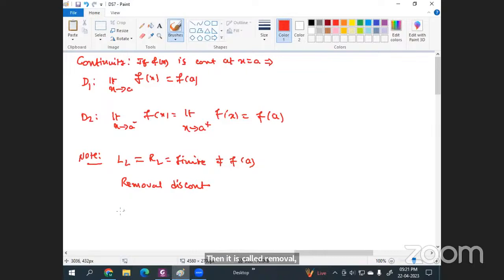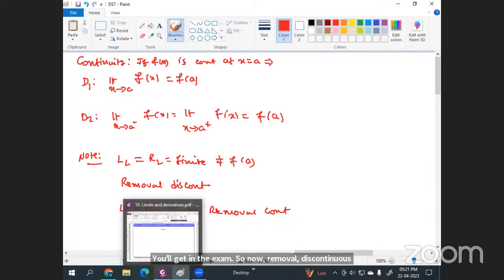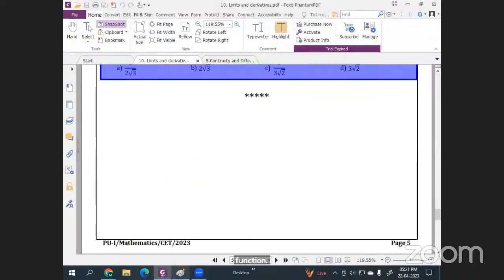If the left hand limit is not equal to the right hand limit, then it is called a non-removable discontinuous function. New terms you will get in the exam. Now I'll go for the problems.